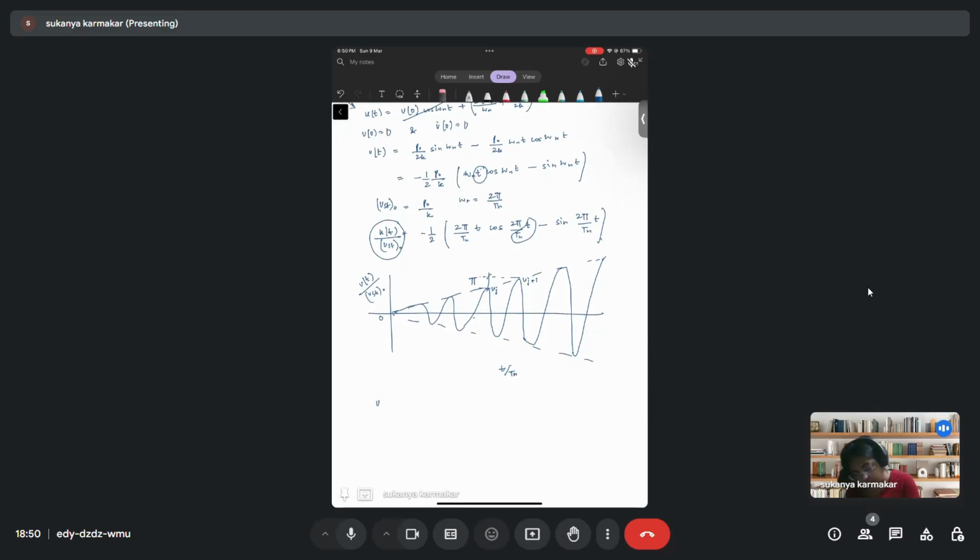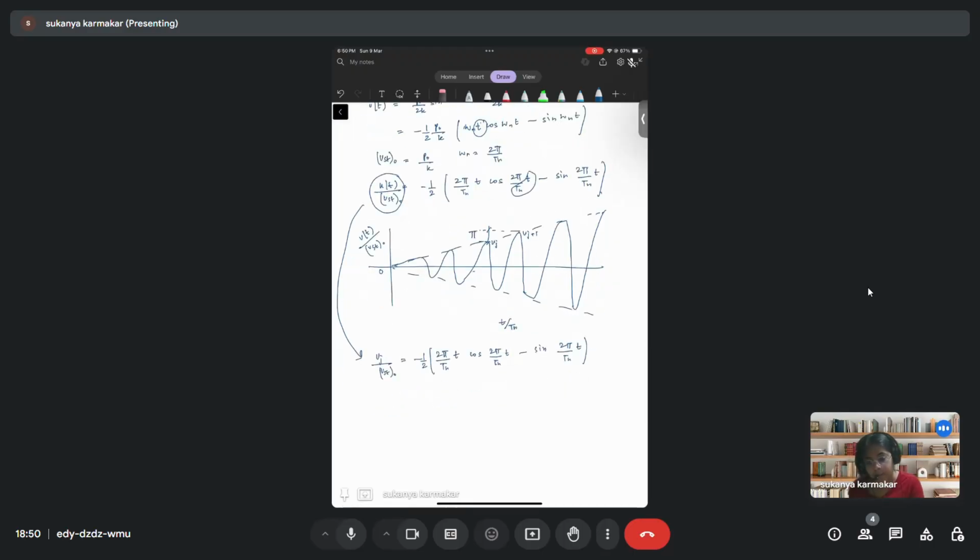Suppose I use this equation: uj by u_st naught is minus 1 by 2, so 2 pi by Tn, let's say at uj the time is t, cos of 2 pi by Tn t minus sine of 2 pi by Tn into t.